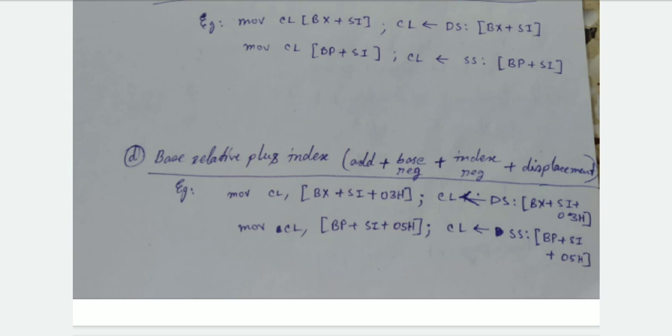We can see the example, MOV CL, [BX plus SI plus 03 hex]. That means this instruction consists of base register plus index register plus displacement, by which we are getting the data. These are all about indirect addressing modes.